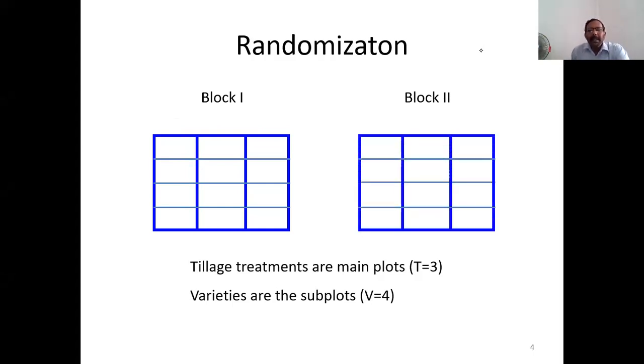I have randomized the treatment first, that means the factor A first, T1, T2, T3 in the main plots. Again, you randomize for the second block separately, so they are not identical. The randomization has to be done separately. Then you randomize each variety, which is the subplot, within the main plot separately.